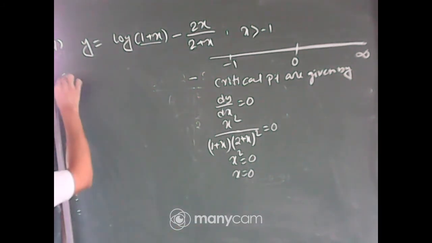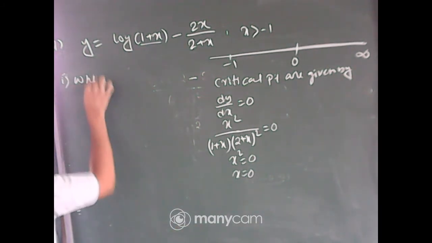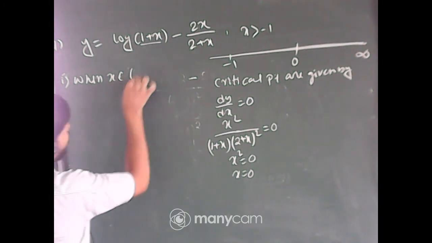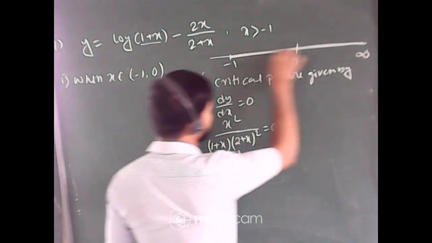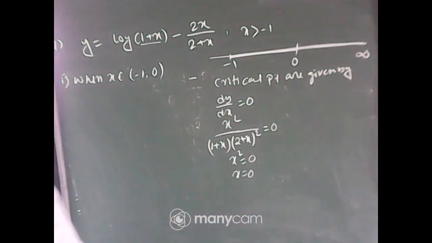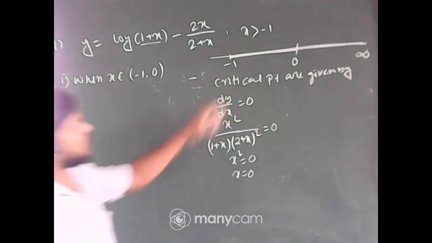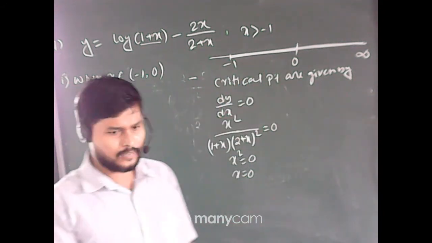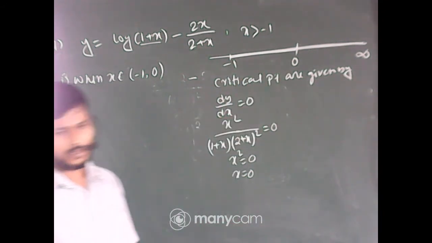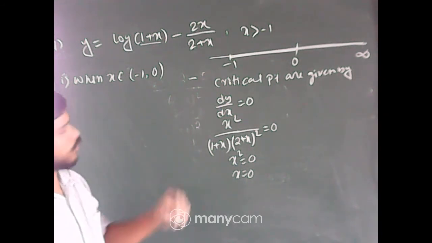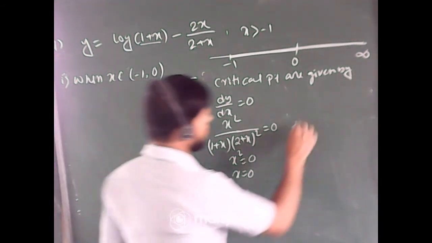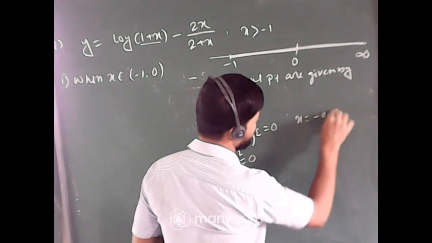Case 1, when x belongs to -1 to 0. Take any value of x lying between -1 to 0. Suppose x equal to -0.5.